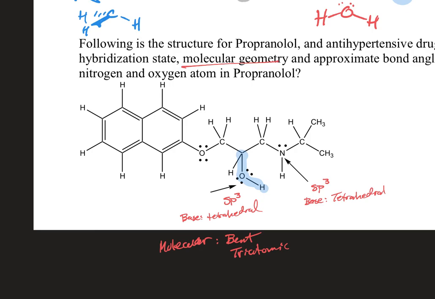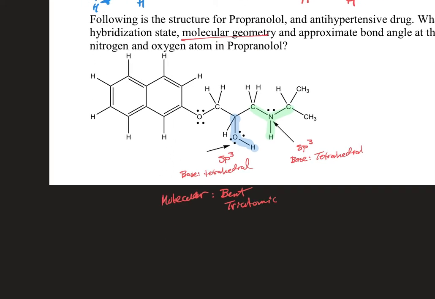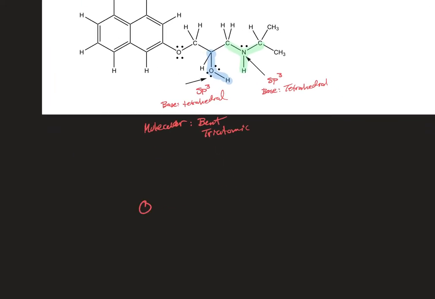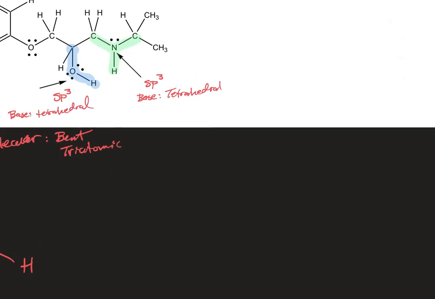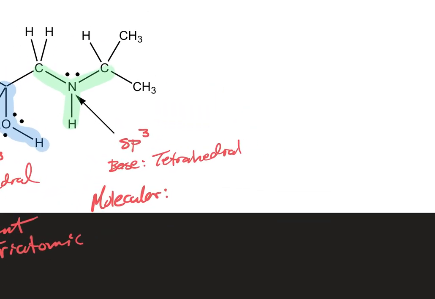We exclude the lone pairs. And then the nitrogen has 1, 2, and 3. Now, for this, if I look at the oxygen, you have the hydrogen, the R group. The lone pairs would be in the wedge and the dash. So there's your tetrahedron and the bent triatomic at the same time. Now for the nitrogen, its molecular geometry will be trigonal pyramidal.